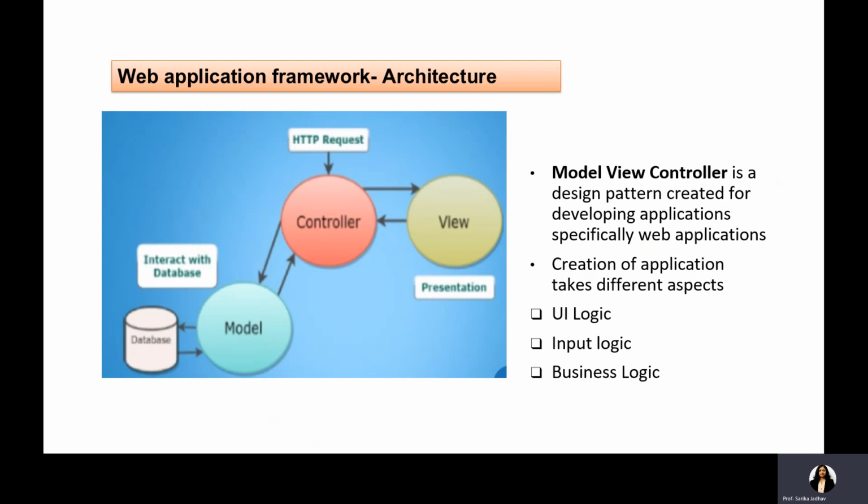MVC, abbreviated as Model View Controller, is a specific design pattern created for developing web applications. It has three major parts, and it works by considering some aspects. These aspects are, as mentioned here, UI logic, input logic, and business logic.